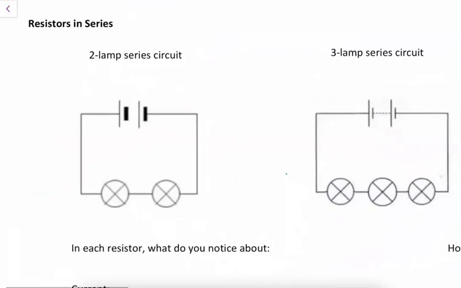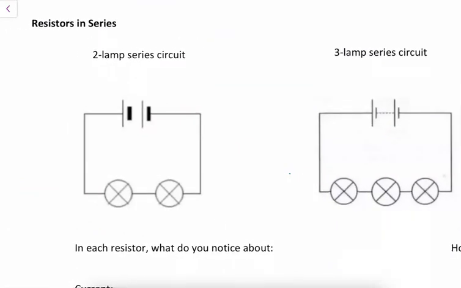So we have a 2-lamp circuit or a 3-lamp circuit, and these are resistors that are in series, meaning they're in line with each other. I might want to start identifying different variables in the circuit. So we would have a total voltage, we would have a total current, we would have resistor 1 and resistor 2.